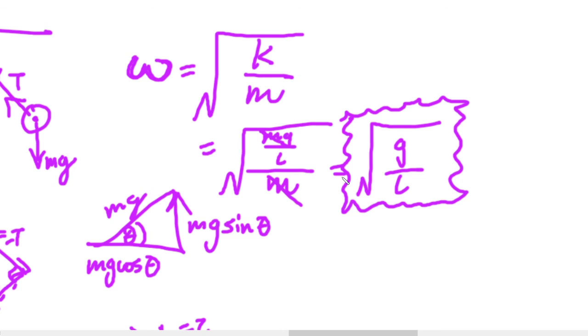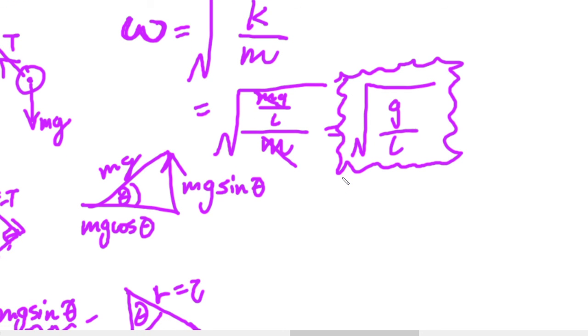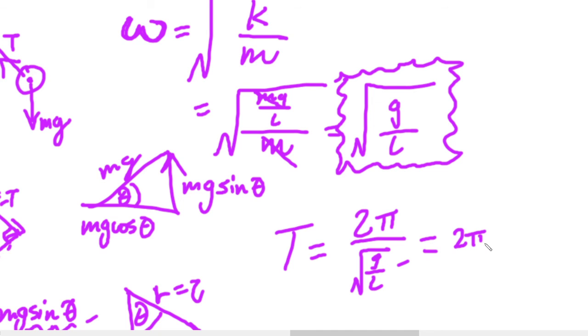So if omega is this square root of g over L, and T is 2 pi over this square root, then by a similar process of breaking up the square root into its two parts and moving the root L on top because it's a fraction within a fraction, we get T is equal to 2 pi root L over root g.